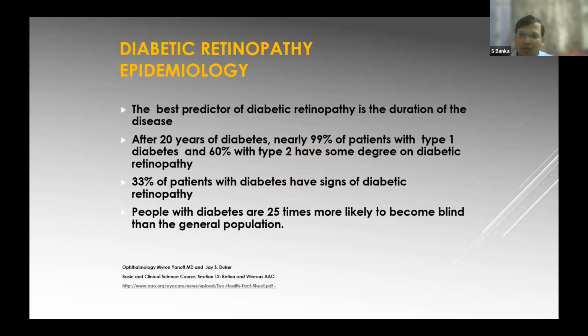After 20 years, almost 99% of the patients with type 1 diabetes and almost 60% of patients with type 2 diabetes will have some degree of diabetic retinopathy. Overall, almost 33% of patients with diabetes have signs of diabetic retinopathy. And people with diabetes are almost 25 times more likely to become blind as compared to the general population.